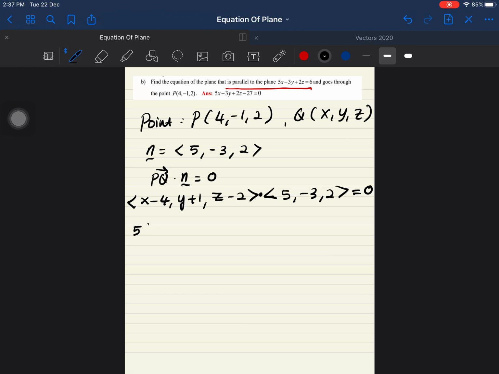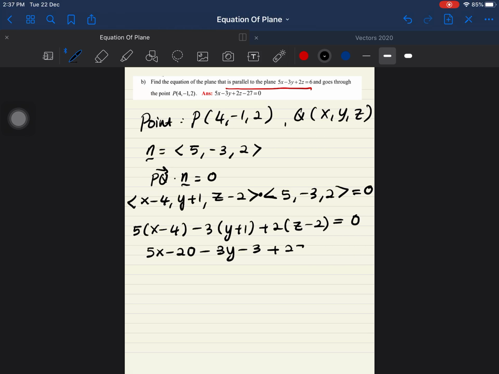So if you apply the dot product, so you will have 5(x minus 4) minus 3(y plus 1) plus 2(z minus 2) is equals to 0. So expand and simplify. So you will have 5x minus 20 minus 3y minus 3 plus 2z minus 4 is equals to 0.